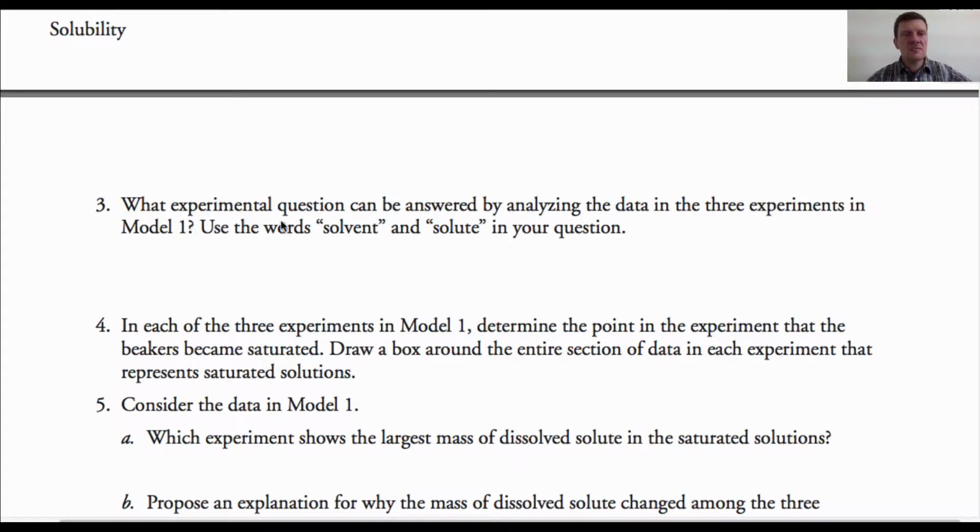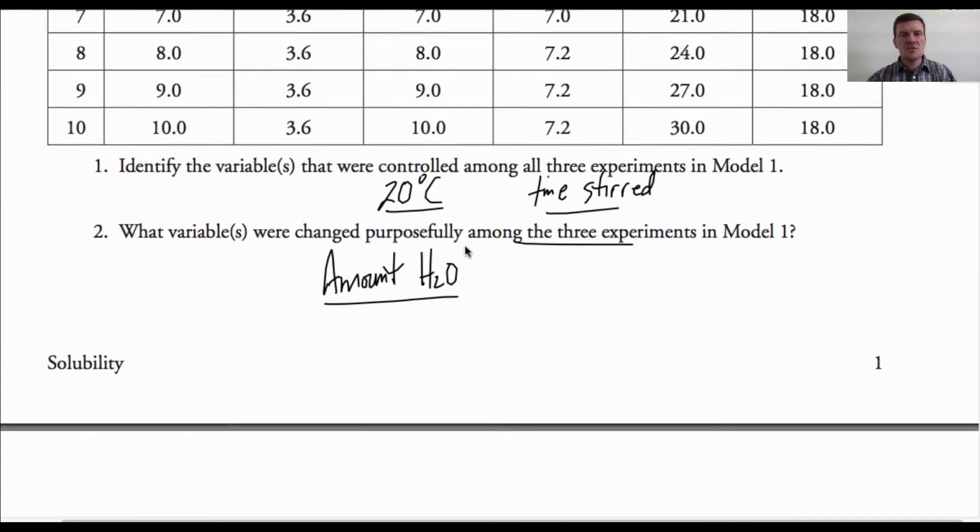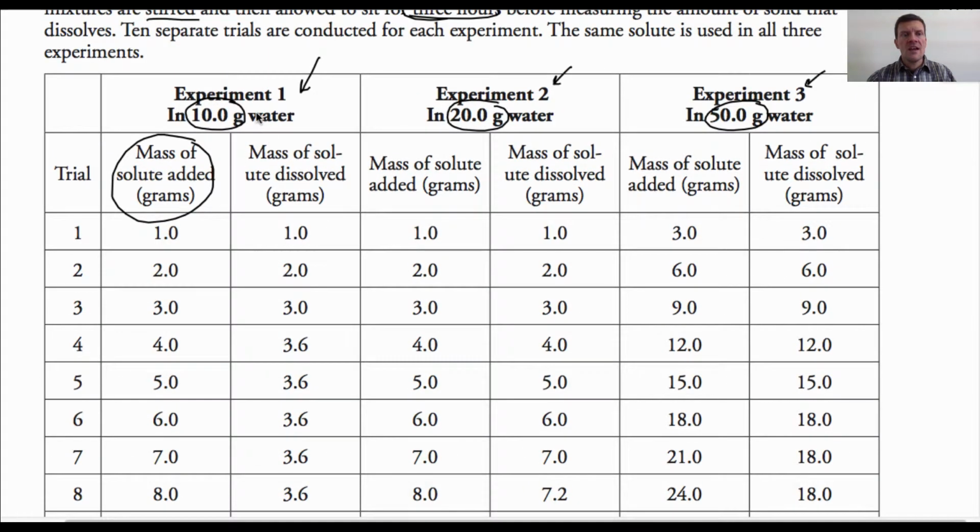Number 3 says, what experimental question can be answered by analyzing the data in the 3 experiments in Model 1? Use the words solvent, solute in your question. So basically we're looking at, as you change the amount of solvent, by increasing the amount of solvent, will you be able to dissolve more solute? That could be a question that you might be asking, okay?